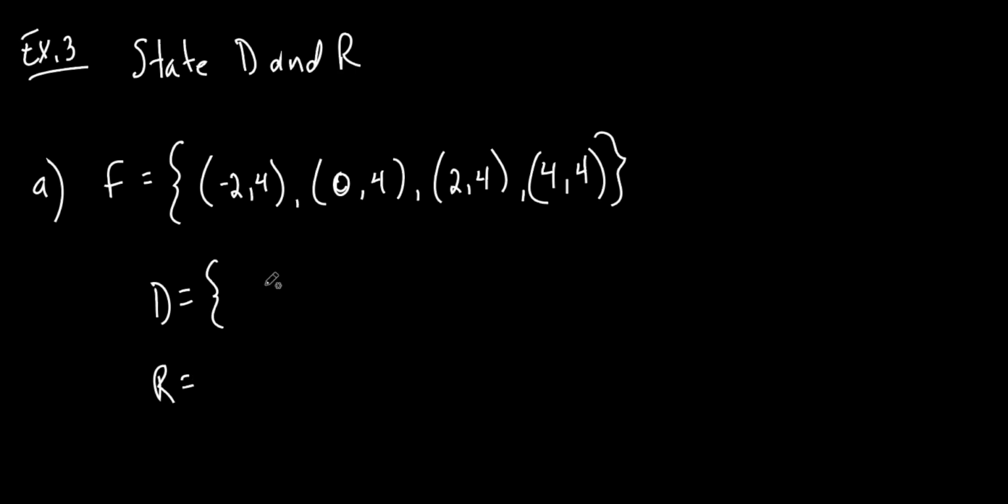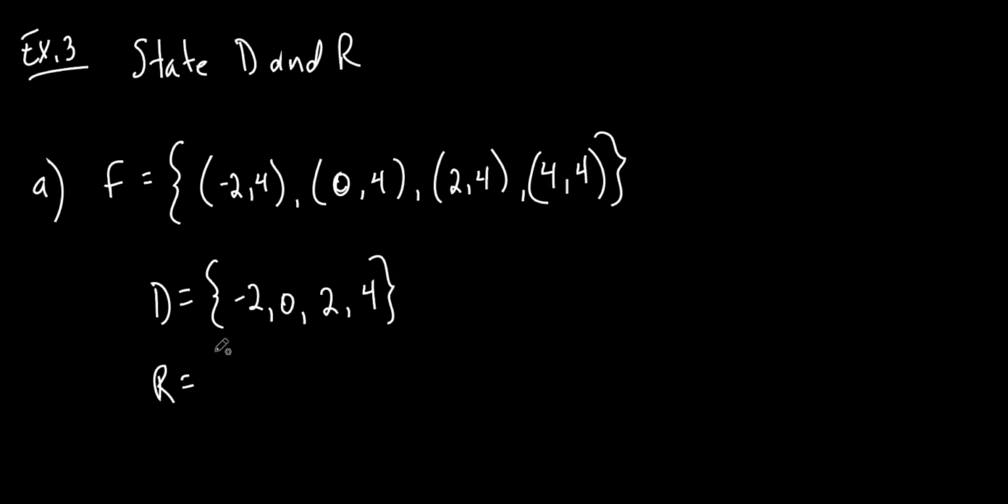It's that easy. So let's find the domain. Here's your relation right here. It's written as ordered pairs, and you just want to find the domain. So what do we got? -2, 0, 2, 4. And it's already in order, isn't it? That's nice. So I just write those numbers, -2, 0, 2, 4.